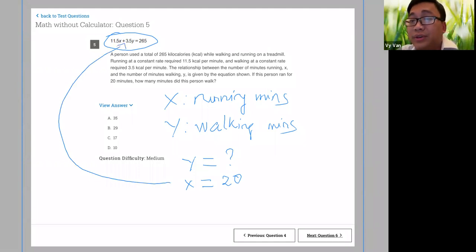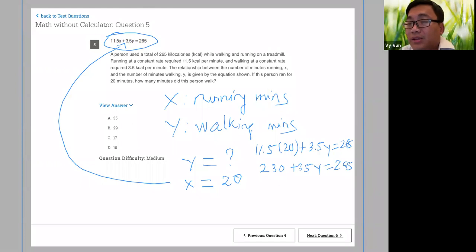So let's solve this: 11.5 times 20 plus 3.5y equals 265. It's a very easy equation to solve. 11.5 times 20 is 230, plus 3.5y equals 265. So 3.5y equals 35. Therefore, y is equal to 10.